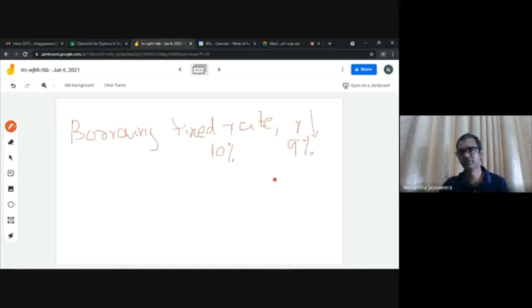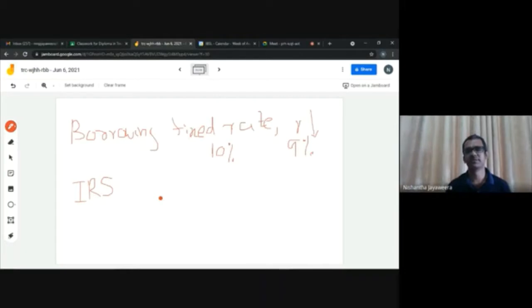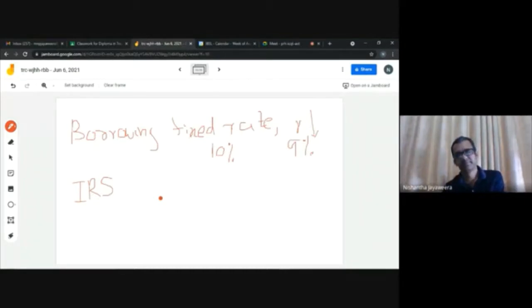So you can get that. What you have to do, enter into a IRS. Is it to pay fixed or receive fixed? Sorry. Pay fixed or receive fixed. What do you do?